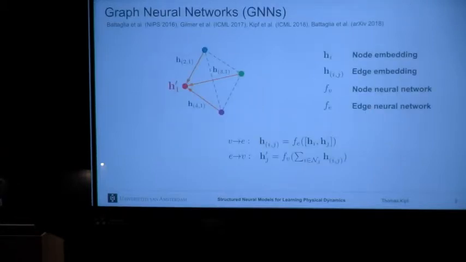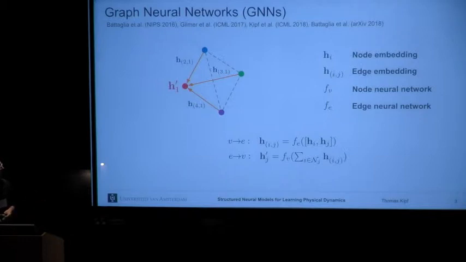As a main tool for this work, we use graph neural networks, and I'm representing here a special case of graph neural networks that are mostly known as interaction networks or message passing networks, where the main idea is you have one function that operates on edges in the graph, where you take a pair of nodes, gather this pair of nodes together, concatenate them, and pass them through an edge update function, which here is called FE.